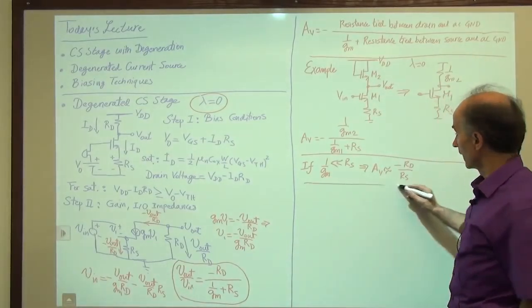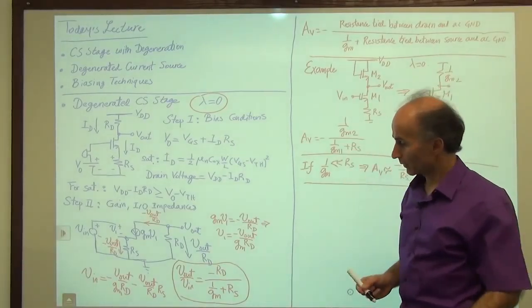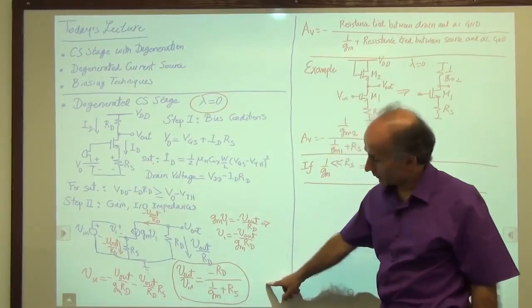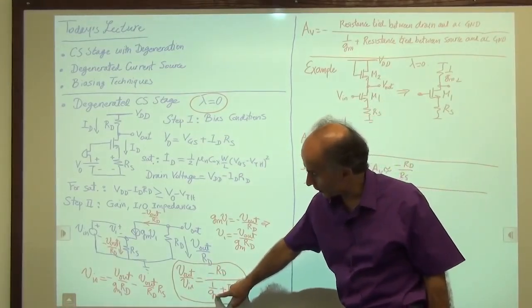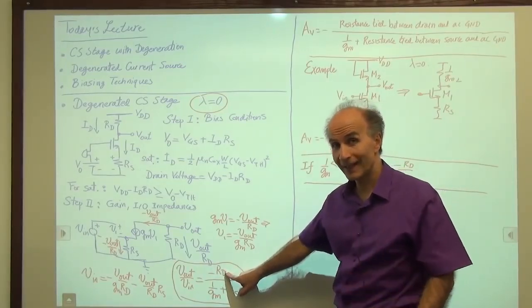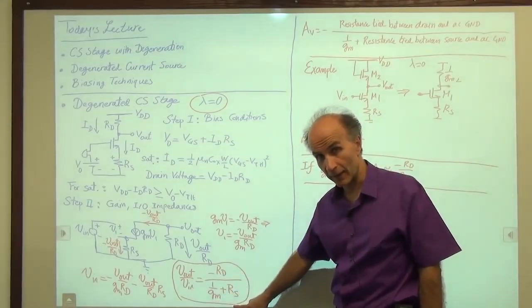Okay, so that's good. We saw that we have less dependence, but also the trade-off is that, as you can see here, previously the gain was just gm times RD. But now that I have degeneration, the gain is less, is RD over 1 over gm plus RS.